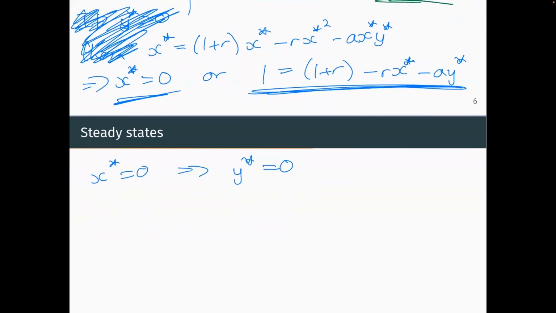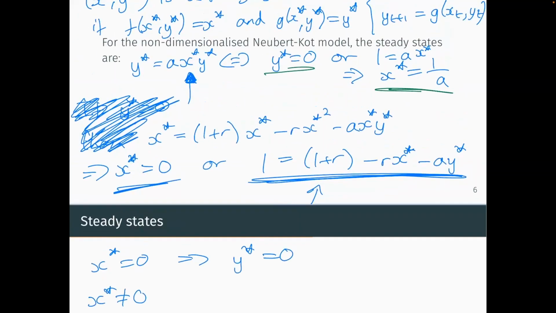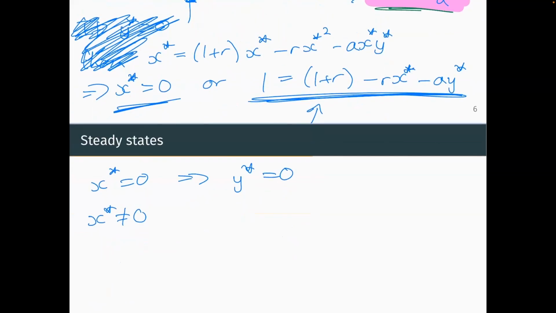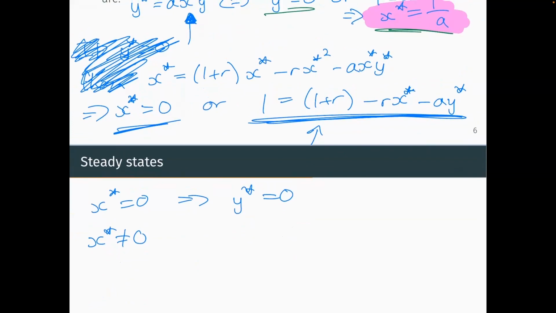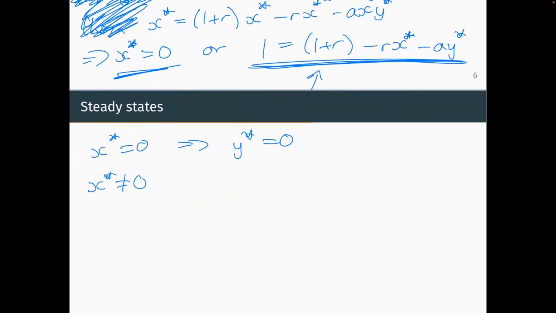If I then think about this second one here, what if x star is non-zero? Well, we know from this equation up here that x star must equal 1 over a. That's the only possibility if y star is non-zero. So if x star is equal to 1 over a, then we can substitute it into this equation here.